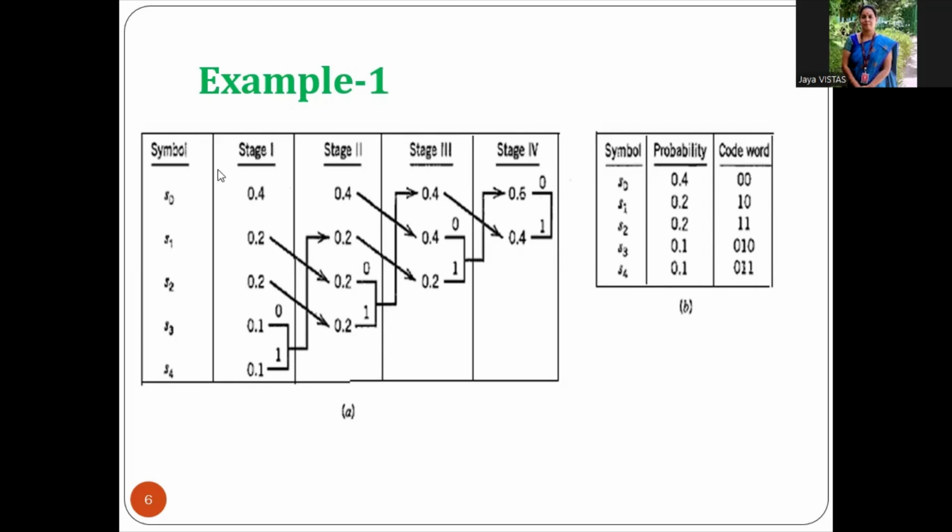So here in stage 1, we arrange the symbols in decreasing order. See that it is in decreasing order only: 0.4 is the highest probability, then 0.2, then 0.1.